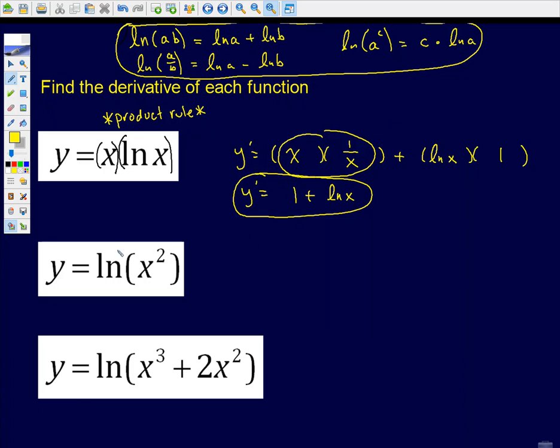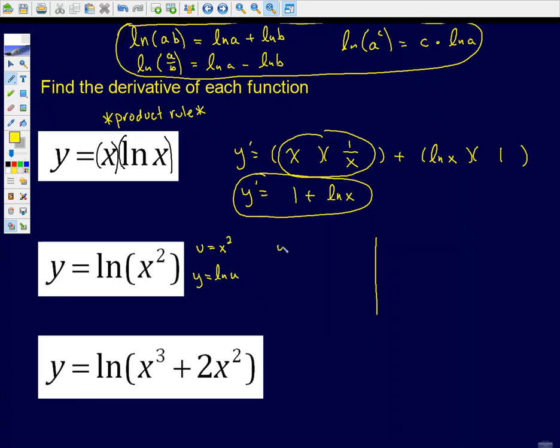Now, number 2. I'm actually going to demonstrate two different ways here. One way would be just to treat this as the natural log of u, and we're going to let u be x squared. And then my main function is y equals the natural log of u.